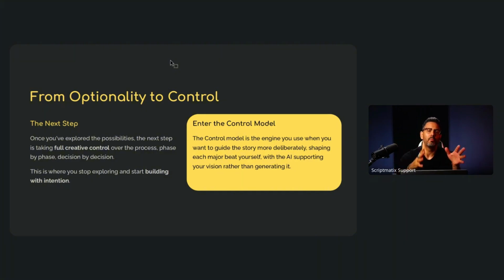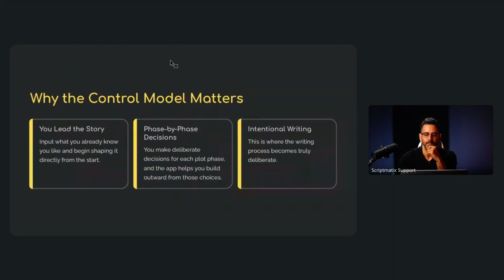If you go into other models, for example the creative model, it's going to do some of the creative lifting for you. And that's fine, but it's not going to be as customized. I think most of us here, if we're really trying to write something for the screen and be serious about our writing, know that we need to be in control of everything that we put onto the page. So this model guides development all the way from the ideas that you have to a finished screenplay.